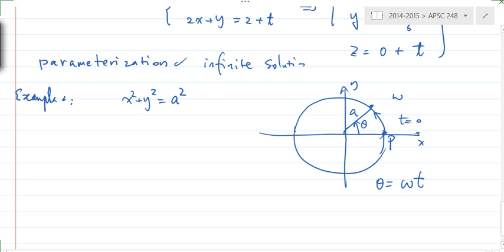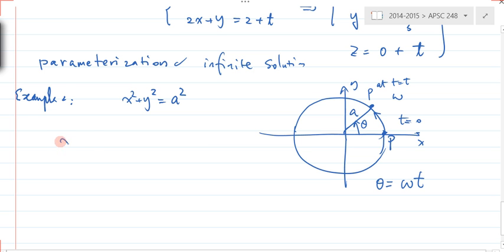Okay. So now I'm going to do this. Look at the current location of point P here. This is the P at time t. What are the coordinates of this current location P? Basically, what's the x value and the y value at t?